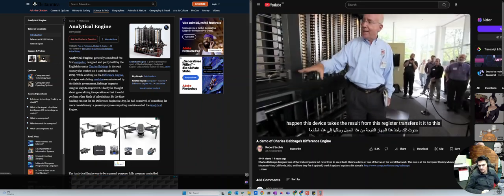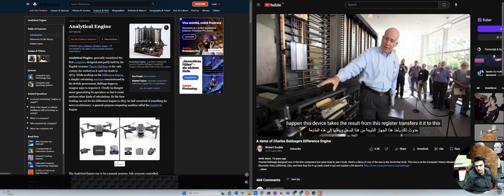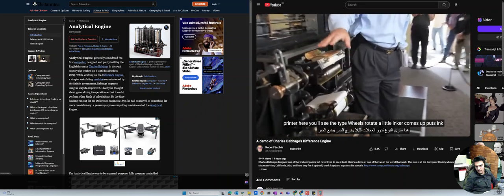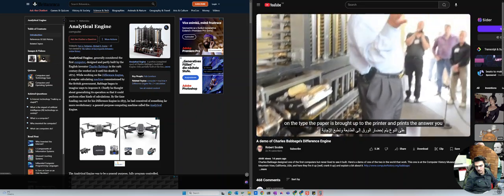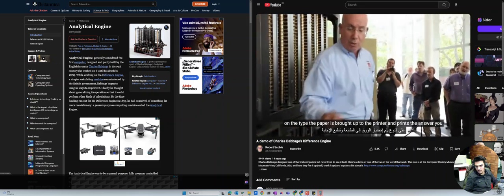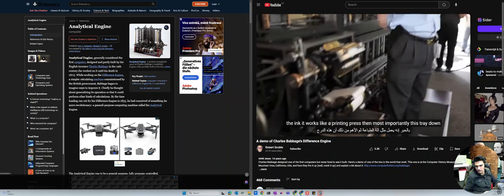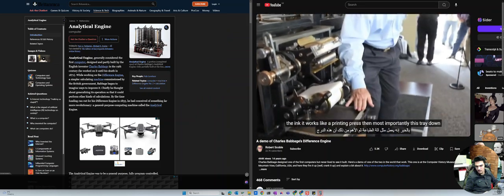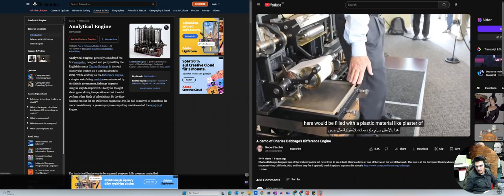This device takes the result from this register, transfers it to this printer here. You'll see the type wheels rotate. A little inker comes up, puts ink on the type. The paper is brought up to the printer and prints the answer. You won't see that actually print because we don't like to mess this thing up with the ink. It works like a printing press. Then, most importantly, this tray down here would be filled with a plastic material like plaster of Paris.